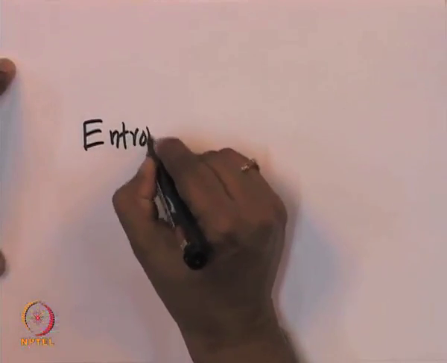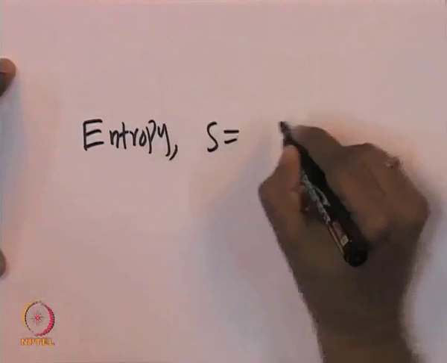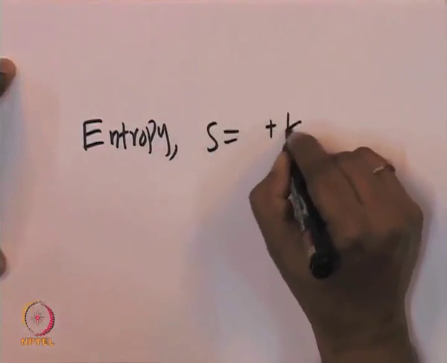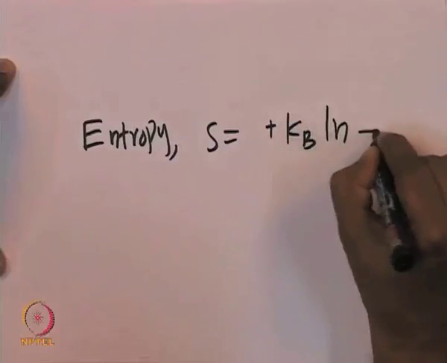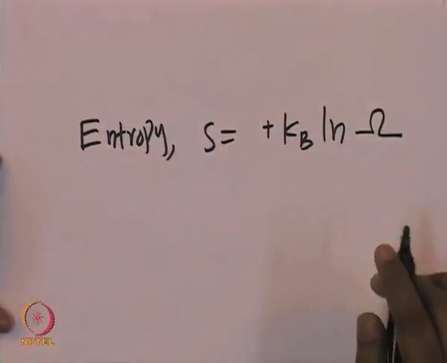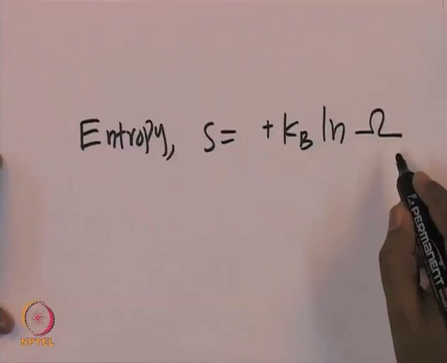If we could count the number of states, and we call it omega, we defined entropy S as Kb log omega. And this is when all states are equally possible.